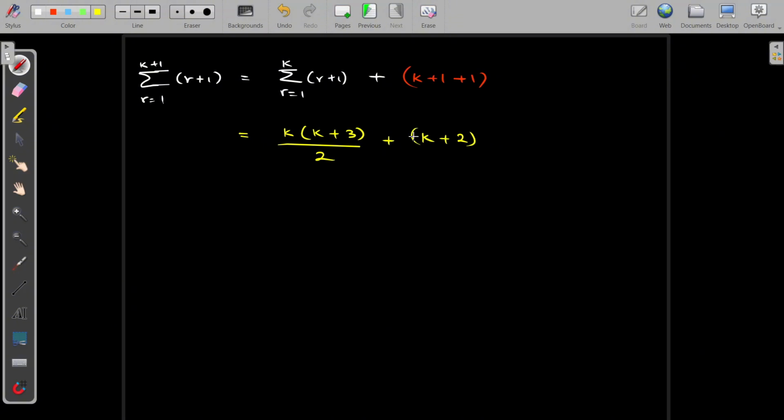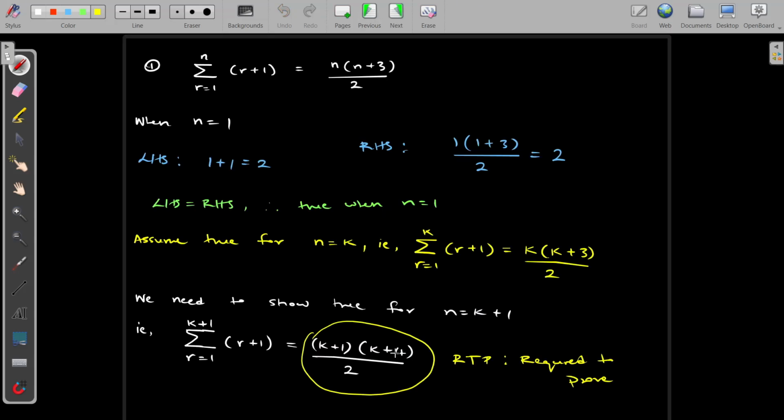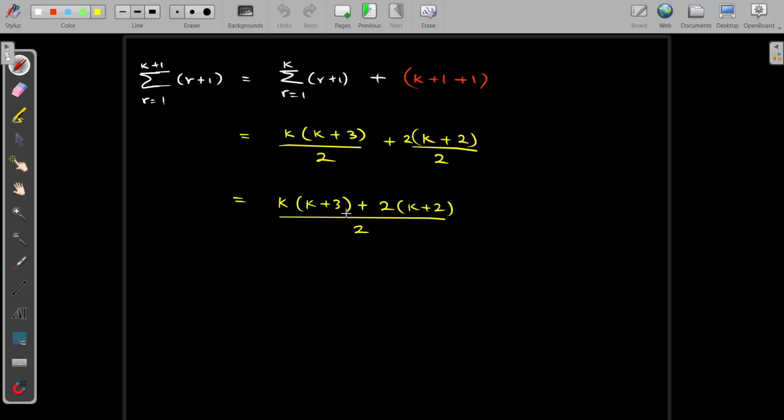So remember, we can get an equivalent fraction to this, so that's just 2 over 2. Alright, so what are we working towards? k plus 1, k plus 4 over 2. So I guess we'd have to expand all of this and simplify.